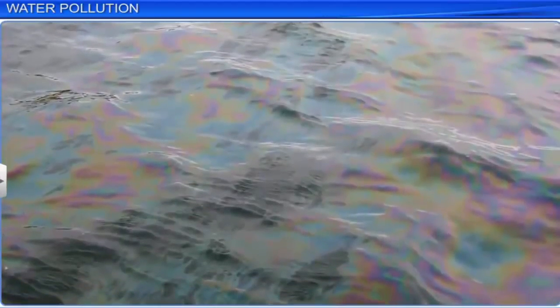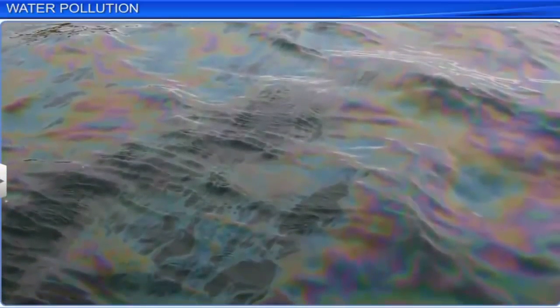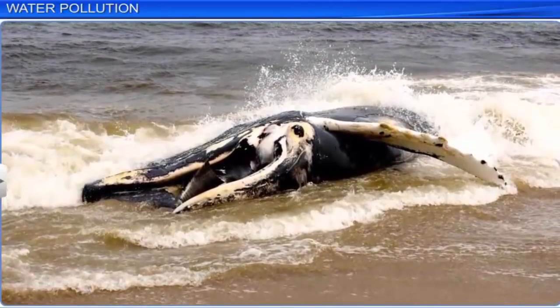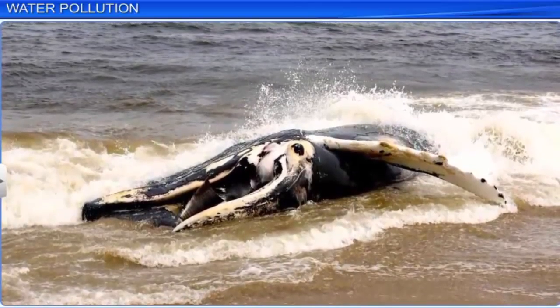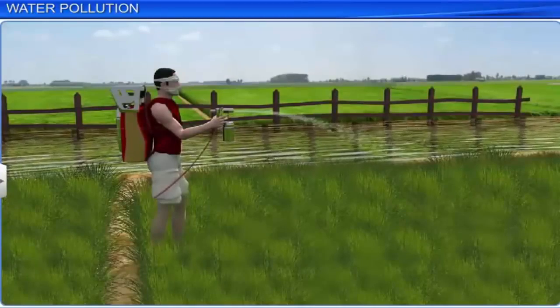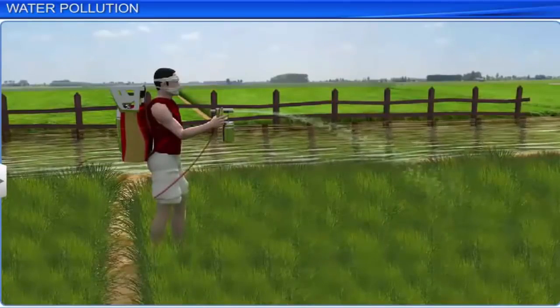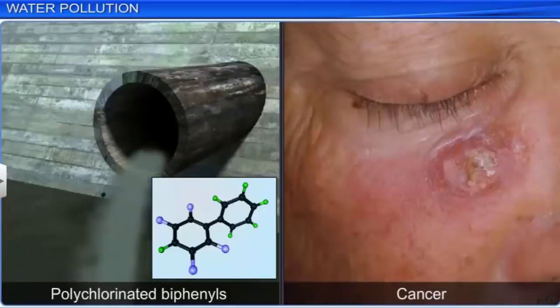Petroleum products like oil do not dissolve in water and pollute water sources. Oil spills that affect marine life in the oceans are a catastrophic example of water pollution. Pesticides get mixed in water from sprays or from soil and pollute water. Industrial chemicals include polychlorinated biphenyls or PCBs, which are thought to cause cancer.